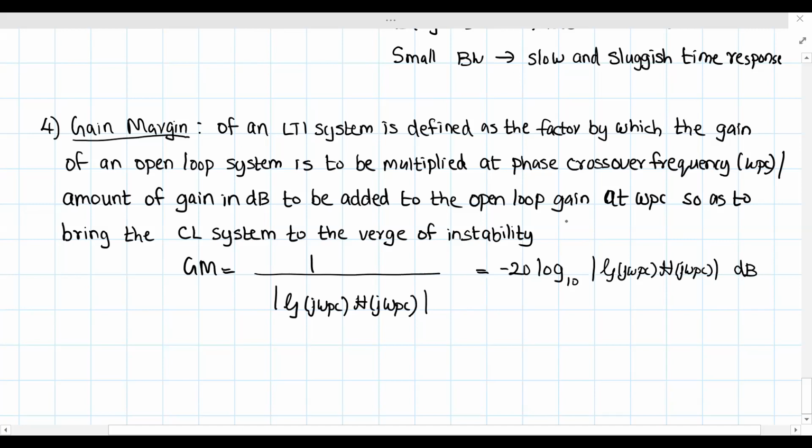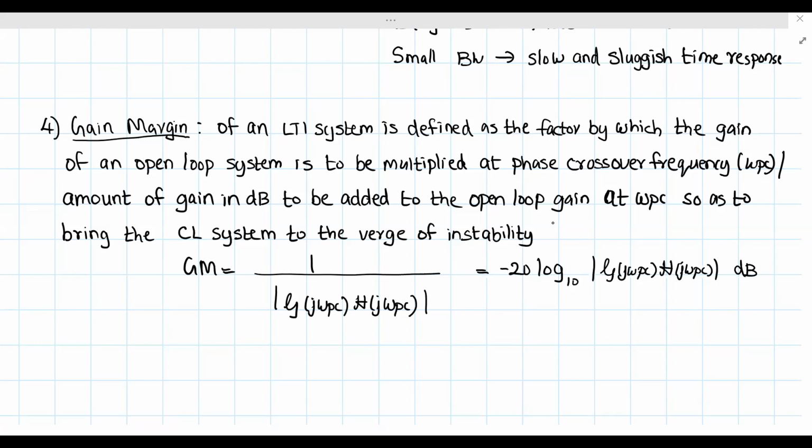So what is phase crossover frequency? We have seen that magnitude is a function of frequency, and phase angle is also a function of frequency. So at a particular value of frequency, the gain or the magnitude becomes equal to 1 or 0 dB.